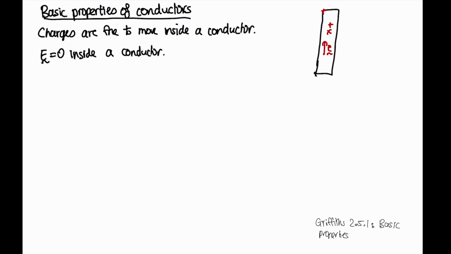But then once it's up there, well, it's always generating its own electric field. So it's now got electric field lines going down like that. It'll have electric field lines going in all these directions. But there's lots of these charges which are free to move.